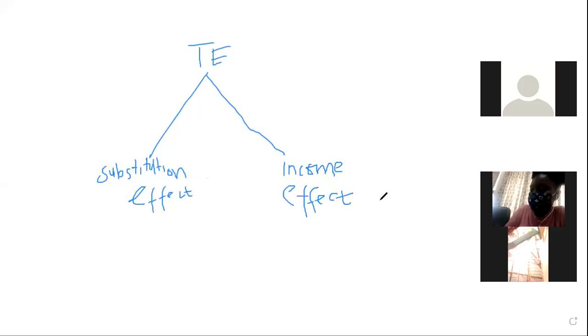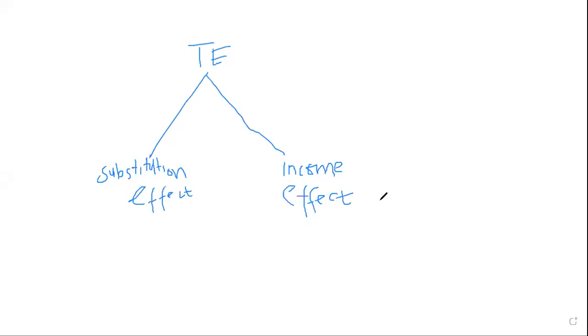Now it is these two effects that work together to achieve the total effect. So the total effect is a combination of the substitution effect and the income effect. These two put together get you the total effect of the price change.